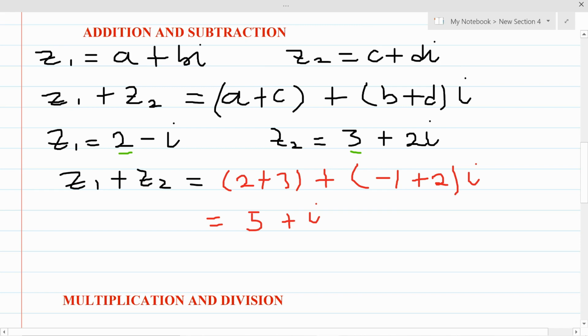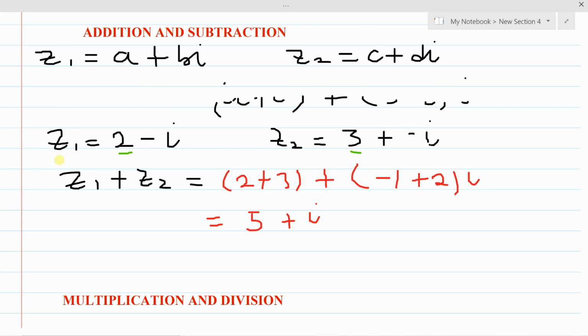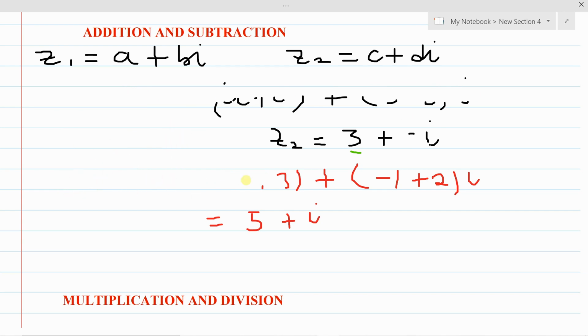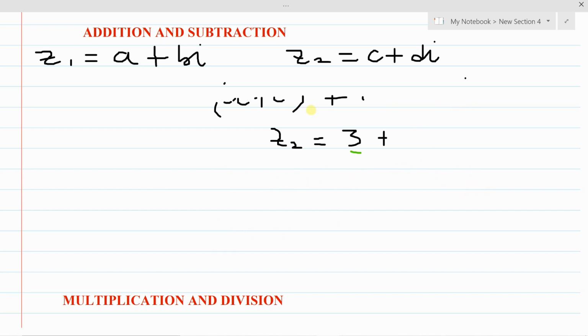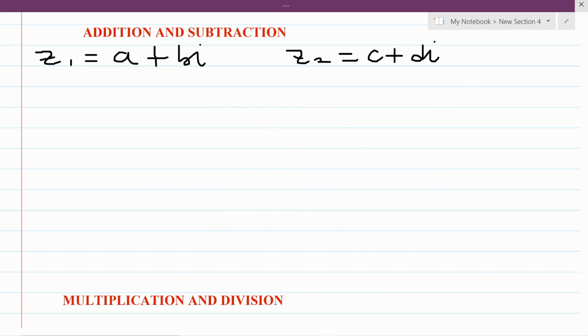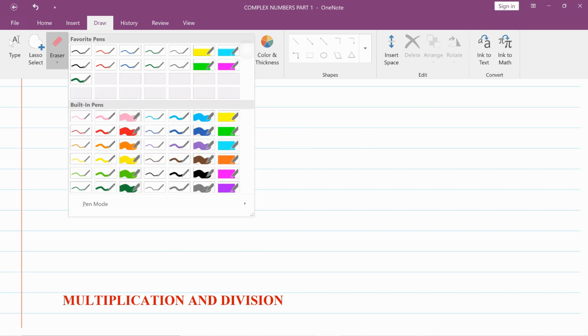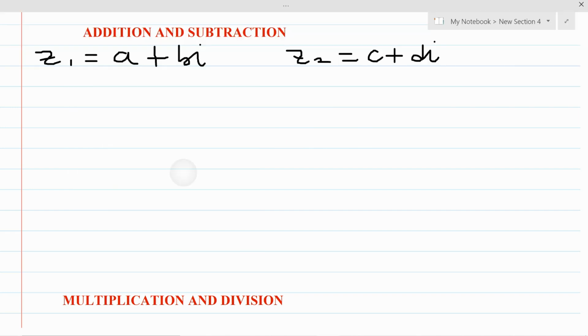Let's erase this. Let's look at something about complex numbers, addition of complex numbers and their conjugate complex numbers. As you already know about the conjugate of a complex number, let's bring that idea here. Whenever you do z1 bar, that is its conjugate, what? a minus bi.